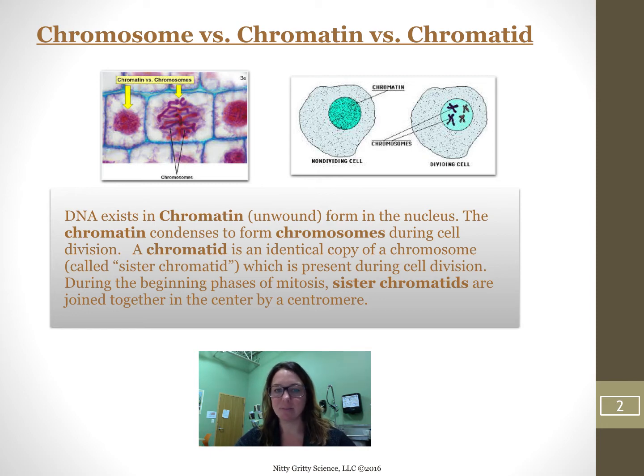The two forms will find each other, exact pairs if all the copying mechanisms worked, and they're going to line up in the center and join at what's called a centromere, a centerpiece that holds them together. Again, you're going to see this as we're learning about DNA and mitosis, but I want you to know these things to start off.